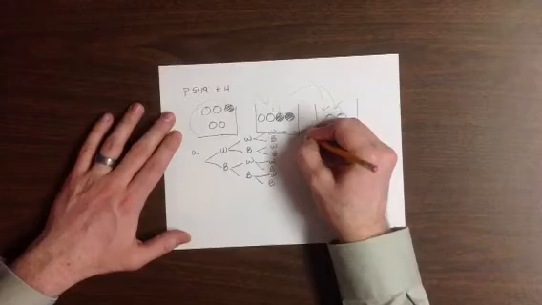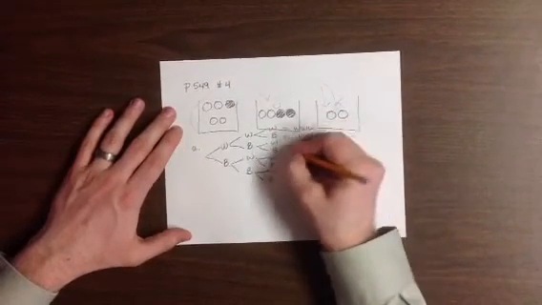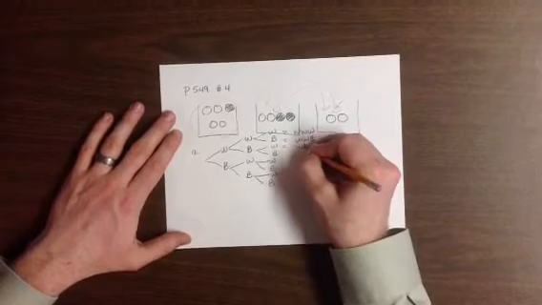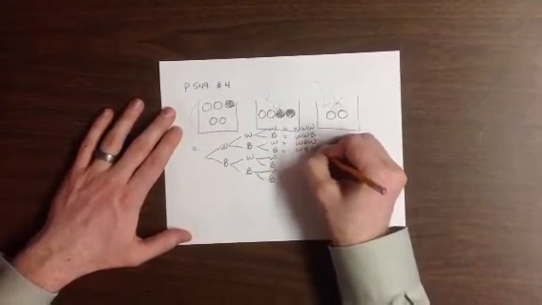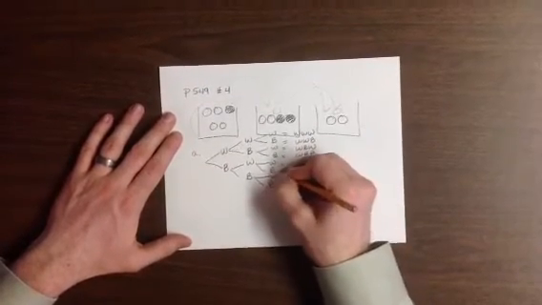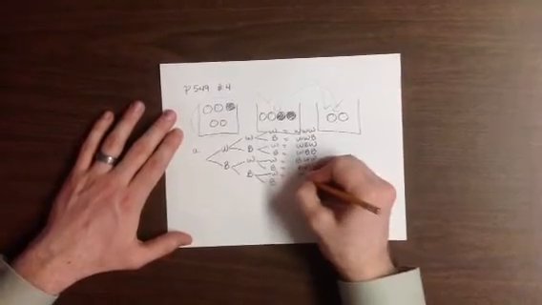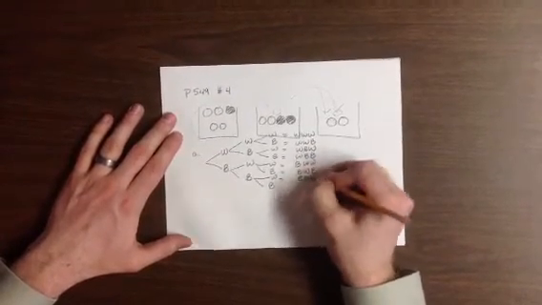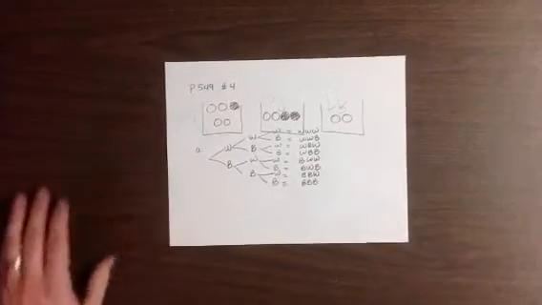So I could have white, white, white; white, white, black; white, black, white; white, black, black; black, white, white; black, white, black; black, black, white; and finally 3 blacks all in a row.